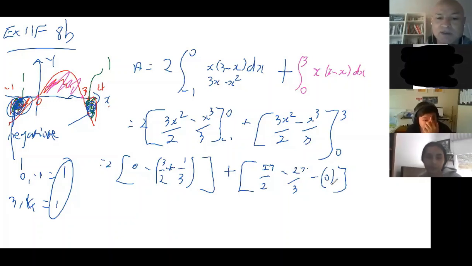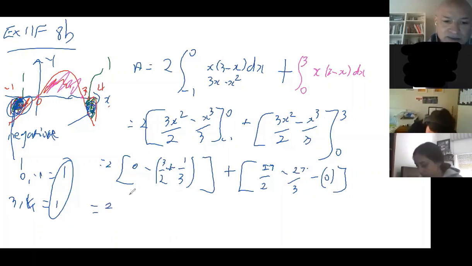Okay, got to get the same denominator. So the denominator here is going to be 6. So this becomes, times this by 3 gives me 9, times this by 2 is 2. That will be over 6, so this gives me negative 11 over 6.